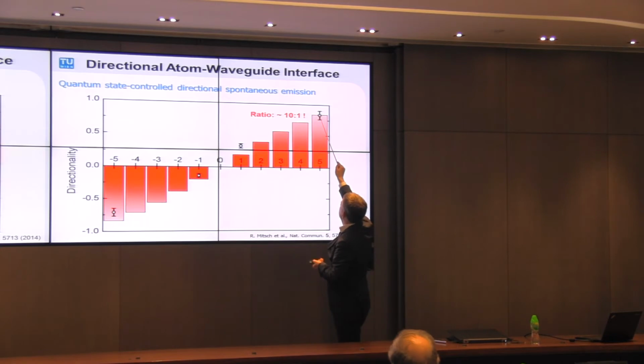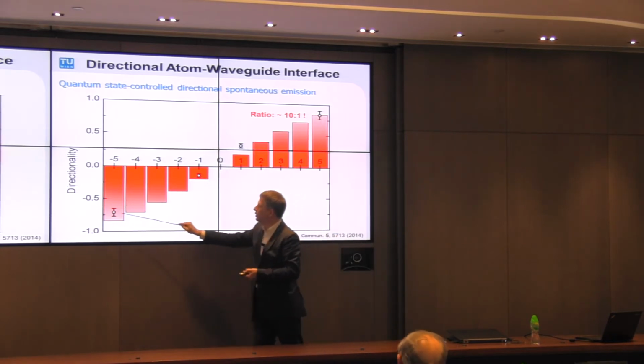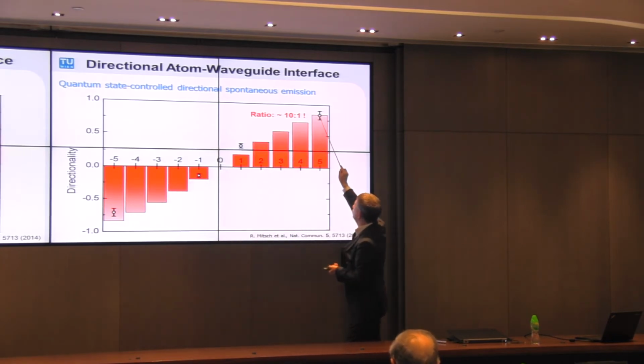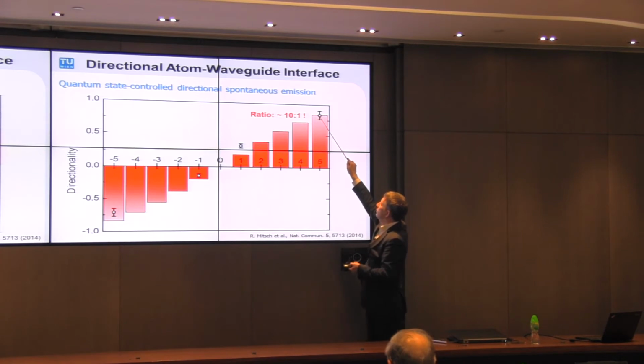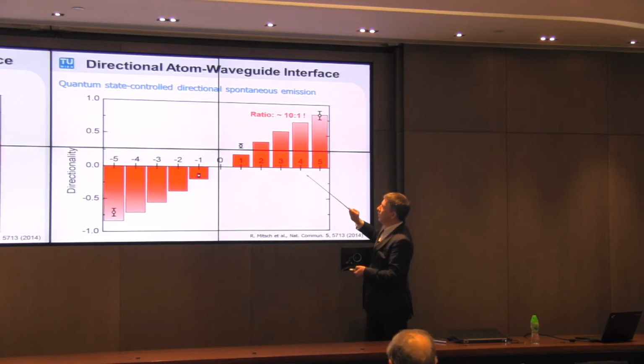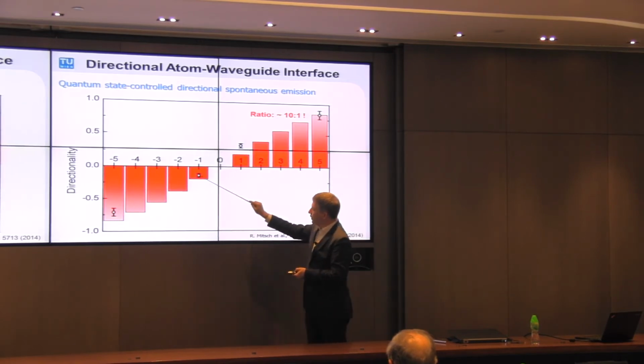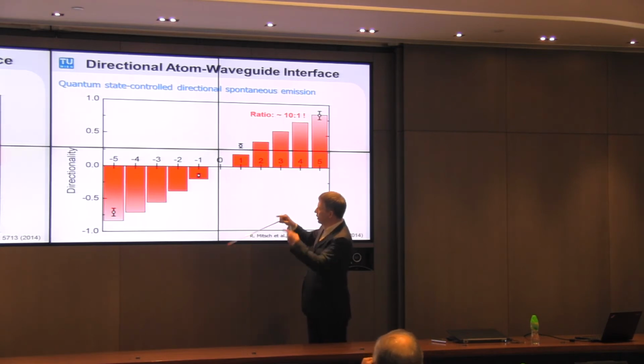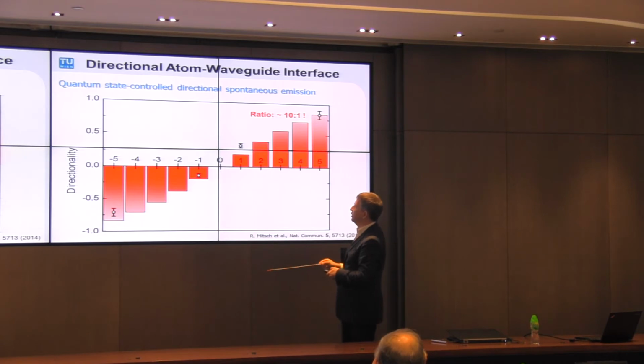And the dots here are experimental. And you see that for the outermost Zeeman substate here, we indeed have a very strong directionality. The imbalance of photon fluxes for this measurement was 10:1, whereas the imbalance here is much, much smaller because we have all three polarizations radiated by the atom.